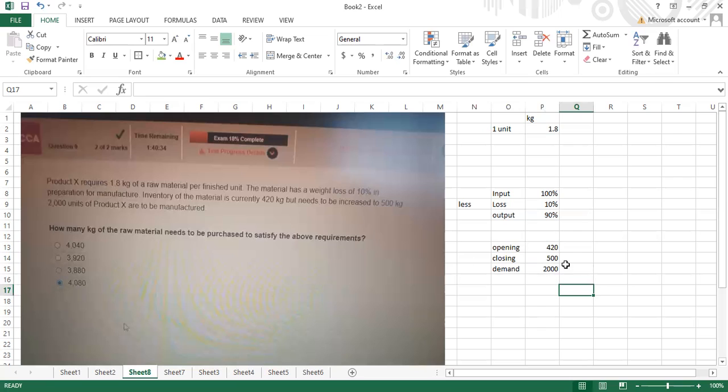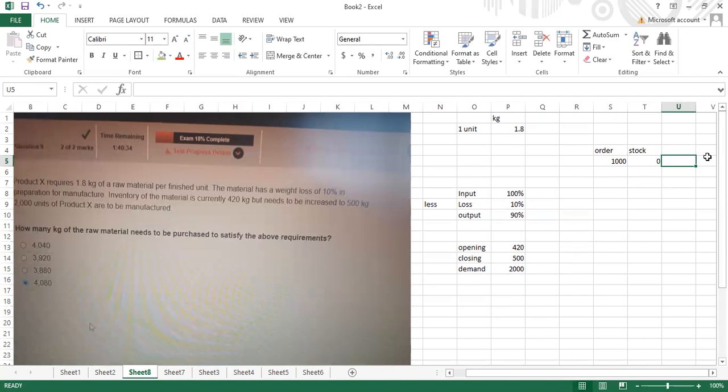And closing, it says that normally whenever businesses purchase material, it doesn't mean that whenever they get the order, they just buy. Try to understand that if you get the order from your customer that you have to manufacture 1,000, and in stock, because opening is your stock, you have zero.